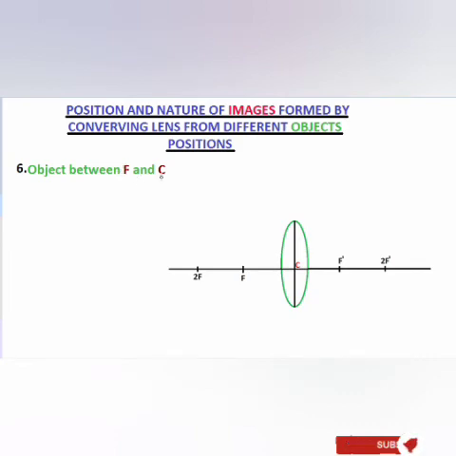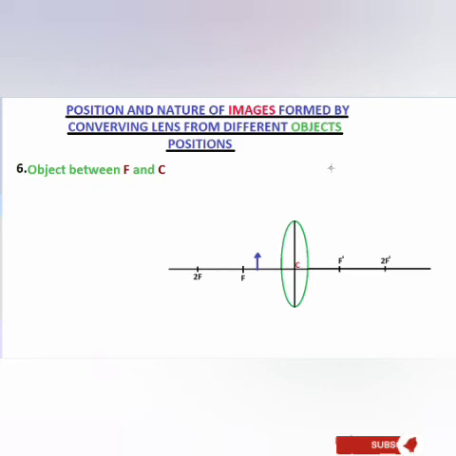6. Object placed between F and C, that is the principal focus and the optical center. So I can place it anywhere between them. I draw an upright object, indicate with direction that the object is upright.